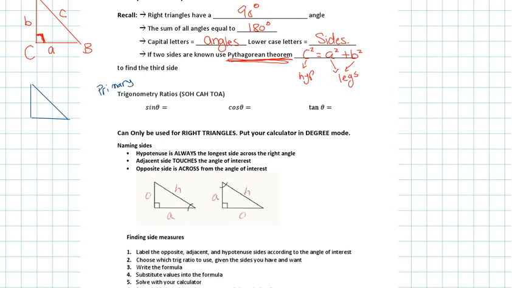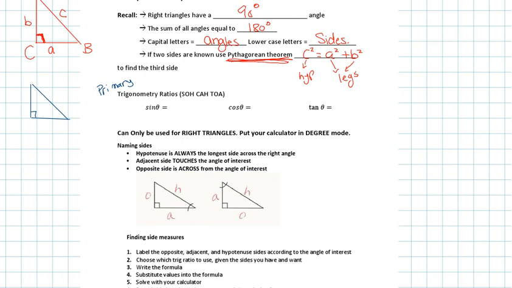So when you have a right angle triangle, you're always looking for the opposite, adjacent, and hypotenuse, and you're looking for the angle of interest, correct? Or we call it the angle of focus. I'm going to go over this in a bit, so just bear with me.